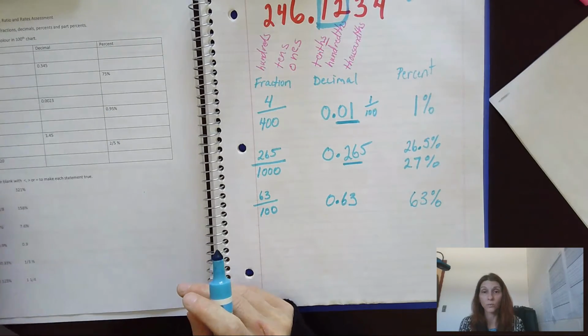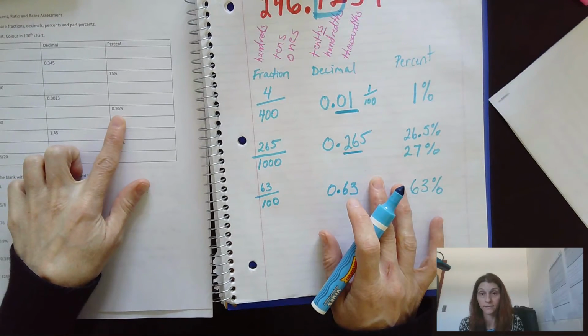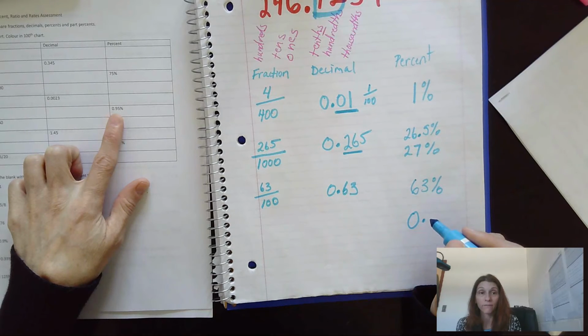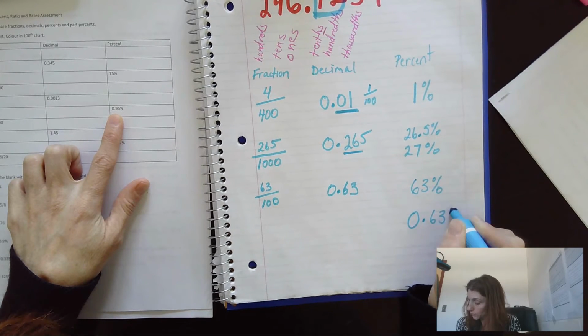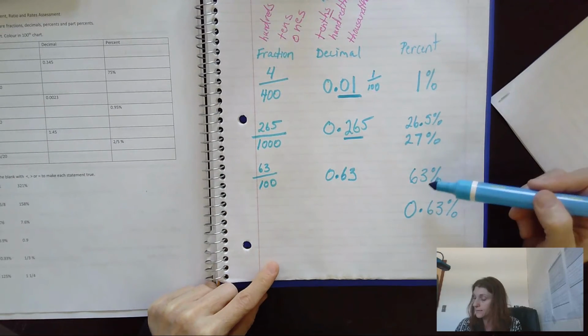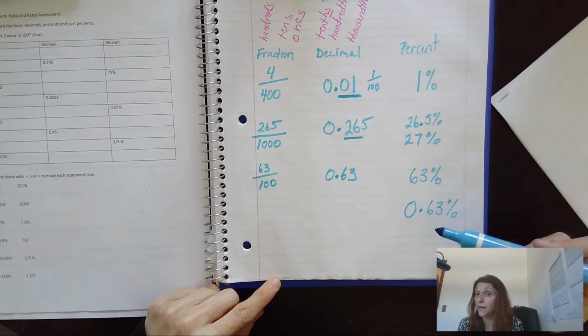Where you have to really watch, though, is an example like this. This is 0.95%. I'll do 0.63% just to show you the difference between these two. This is 63 whole percent. This is a very, very small amount.